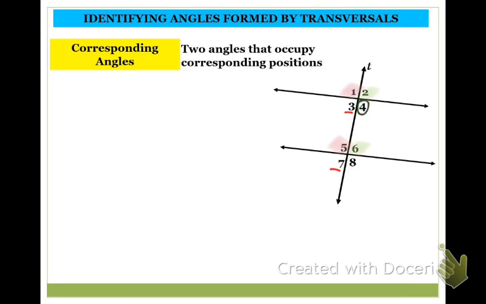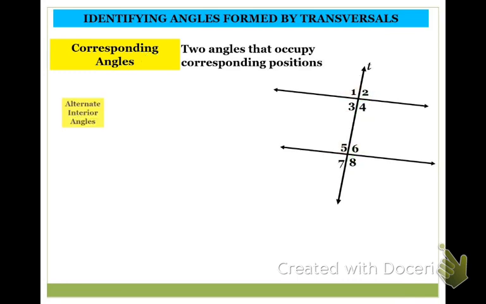And then we got 4 and 8. Okay, so they're on the same spot at their respective intersections. 1's in the top left, 5's in the top left, 2's in the top right, 6 is in the top right, 3's bottom left, 7's bottom left, and then 4 and 8. Those are corresponding. What did we know about corresponding angles? Well, about their measures. Yeah, they were congruent.